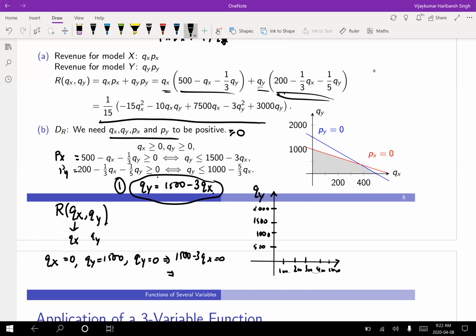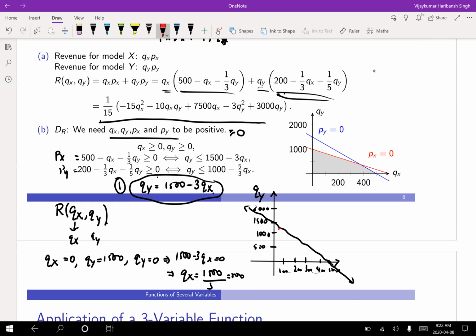This would give me QX equals to 1500 divided by 3, which is 500. So when I draw this line, I will have 0, 1500 and 500, 0. I draw a line like this. And everything to the right is my domain.